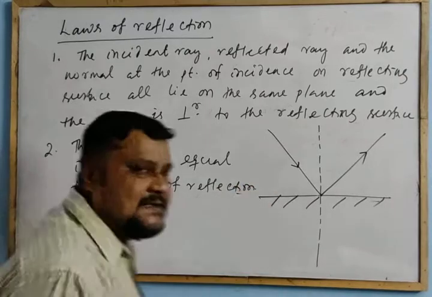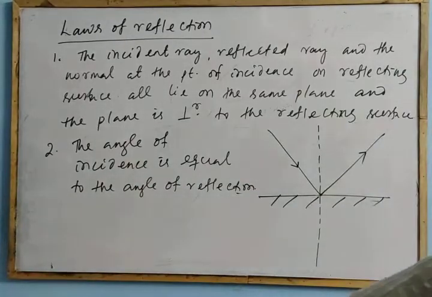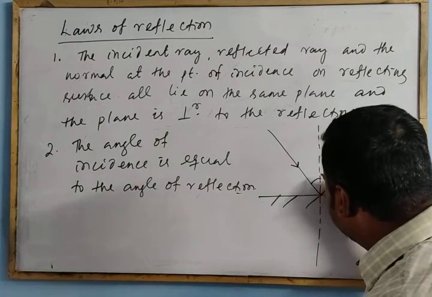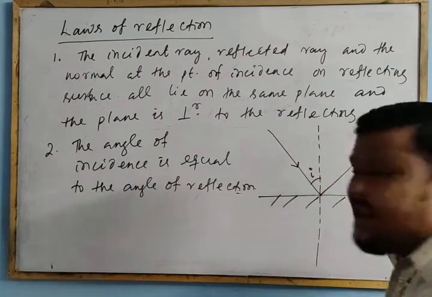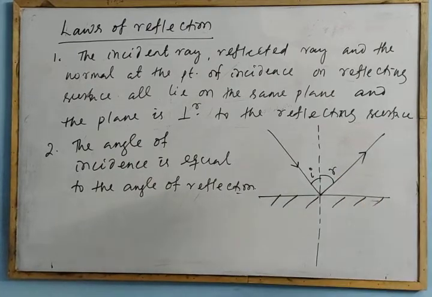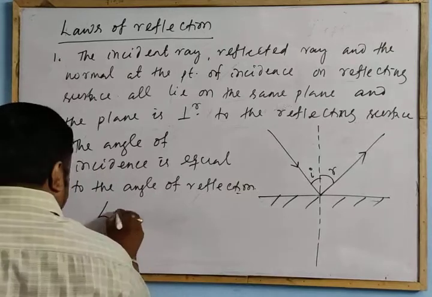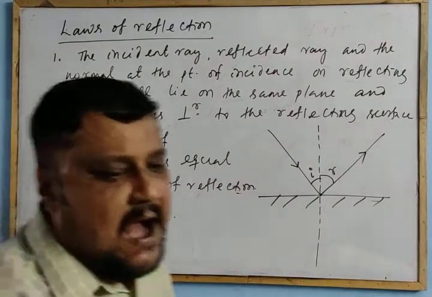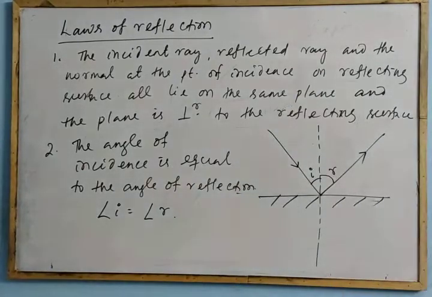This is the angle of incidence, the angle between incident ray and normal, and this is the angle of reflection. So angle of incidence I is equal to angle of reflection R. This is a very, very important thing.